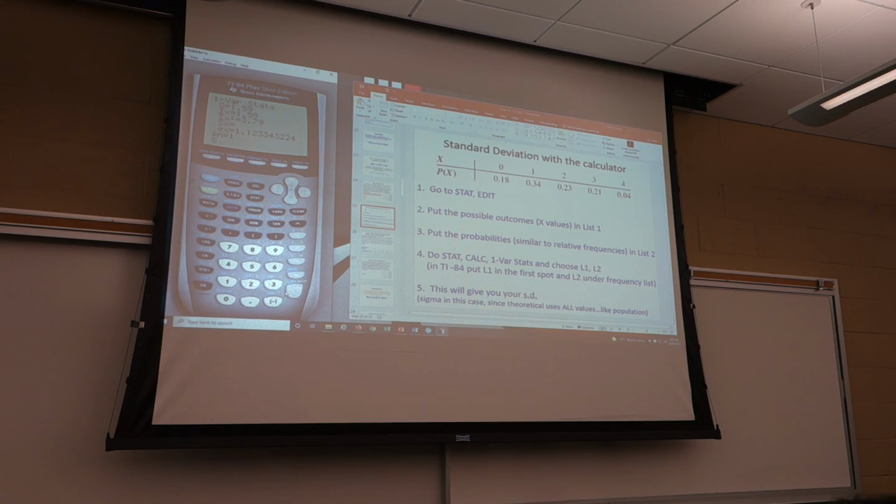Just make sure I'm doing this right. L1 goes on this, L2 goes on that. If you have the fancy one, just L1 for list, L2 for frequency. Comma, second, 2.